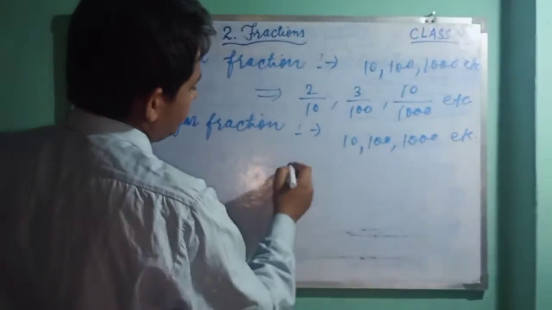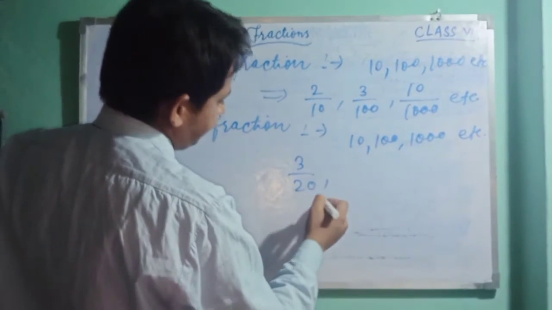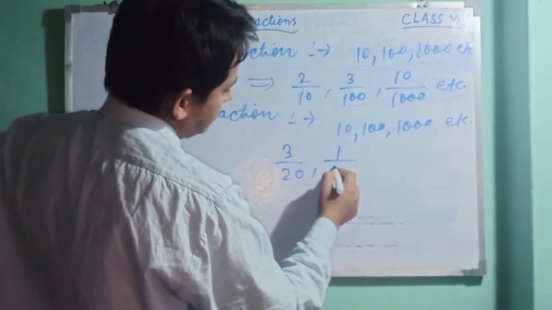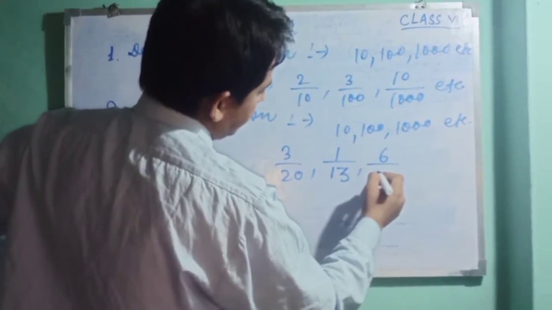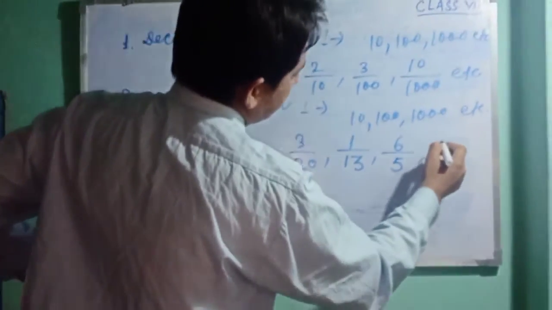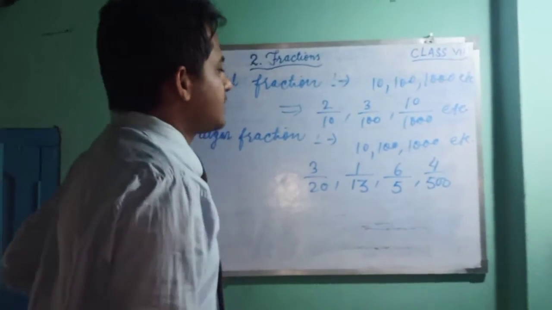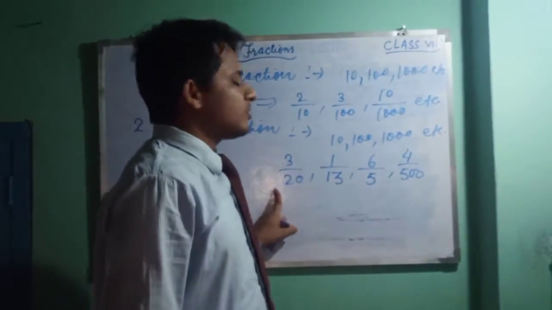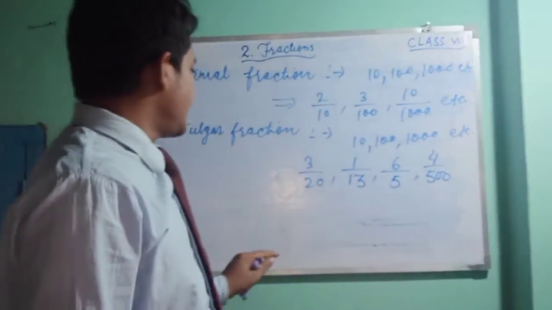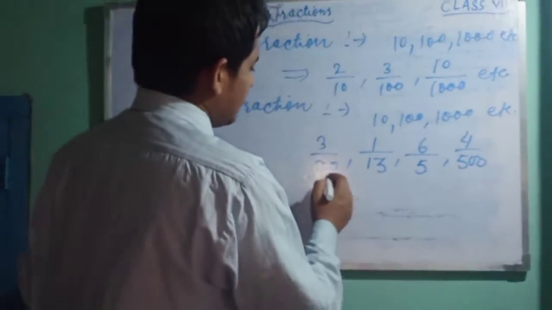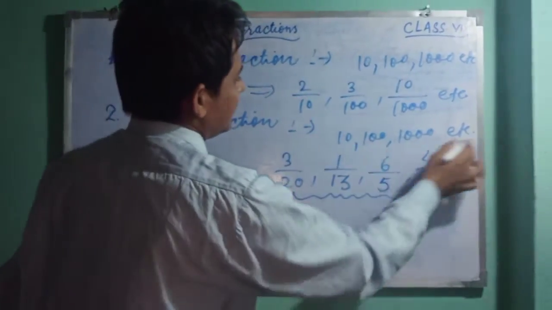See examples: 3 by 20, 1 by 13, 6 by 5, 4 by 500. These are all examples of vulgar fractions. Why? Because their denominators are not from these numbers.